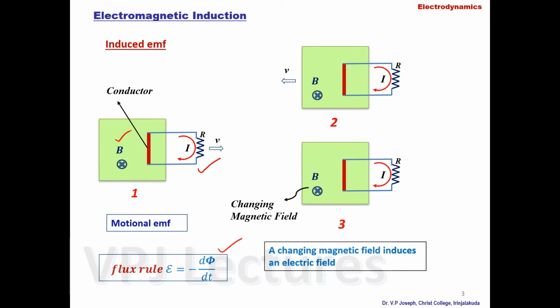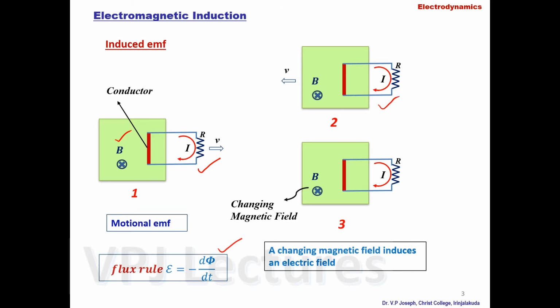The other two possibilities for induction are, first, keeping the circuit stationary and moving the magnetic field, or simply allowing the magnetic field to move away from the circuit. In that case also we have an EMF induced in the circuit.